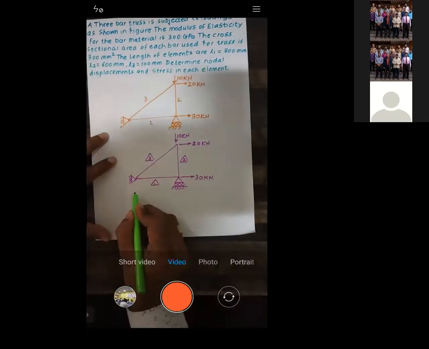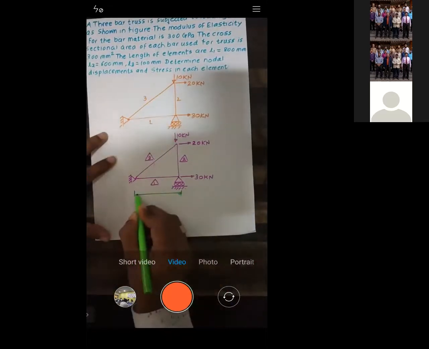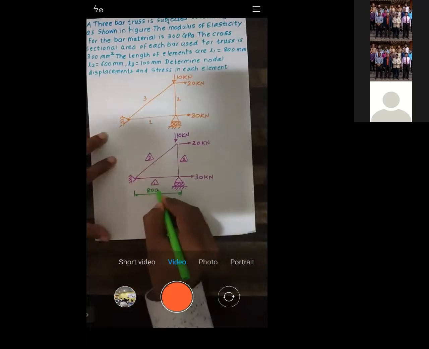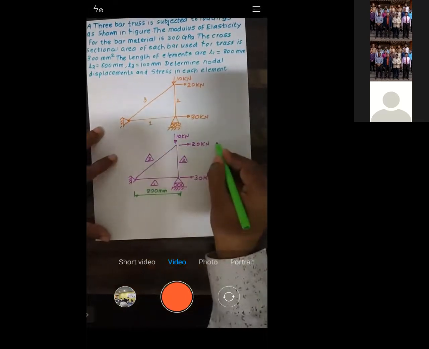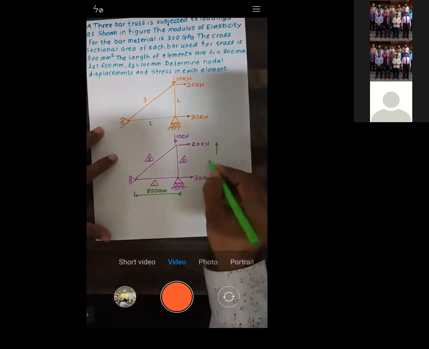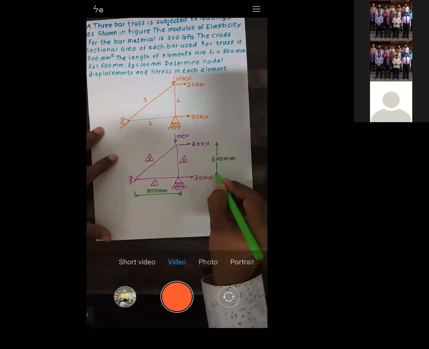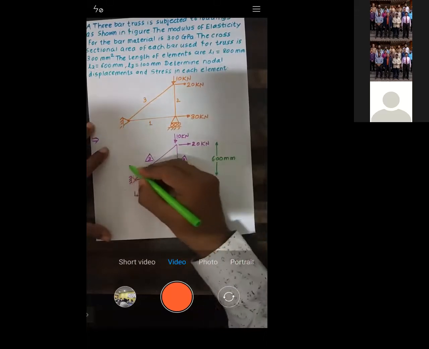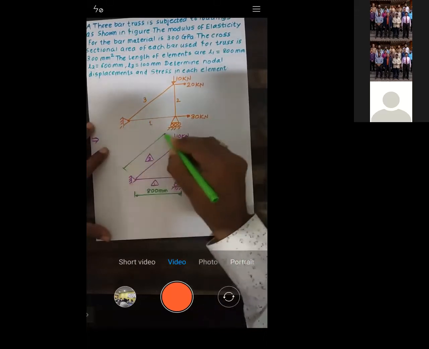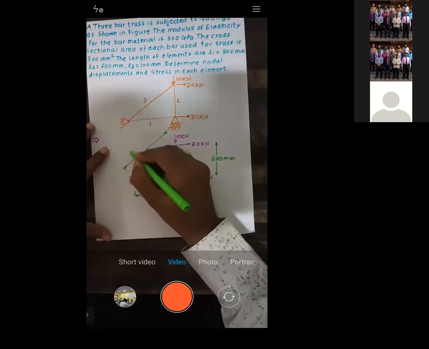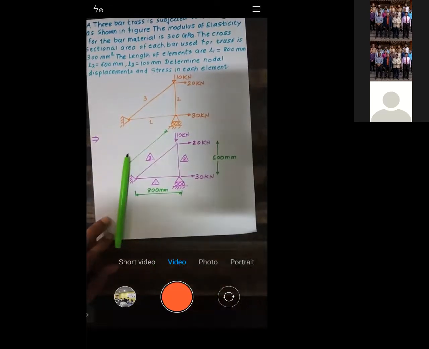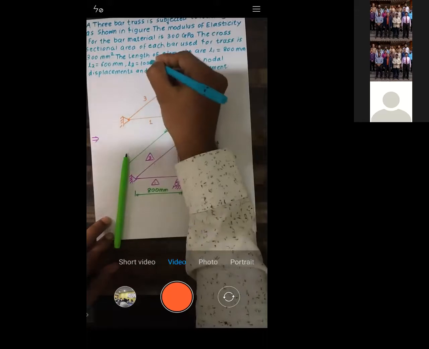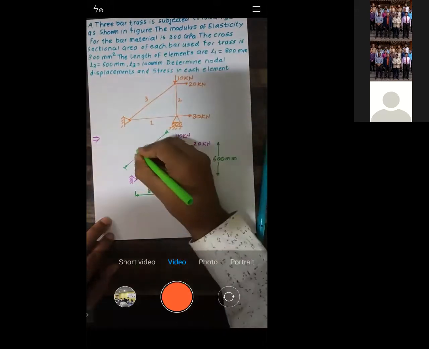At the same time, they mentioned the length in the problem. Element number 1 is 800 mm. Element number 2 is 600 mm. And for element number 3, it is 1000 mm.